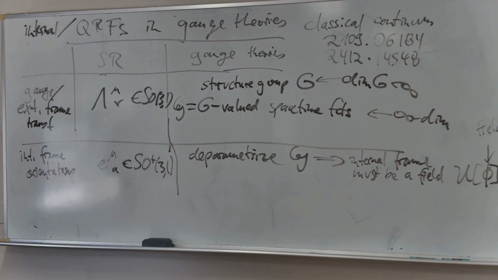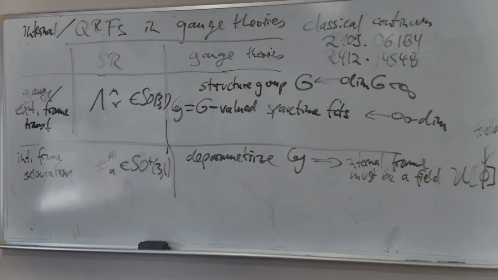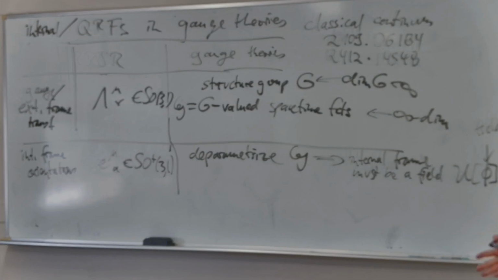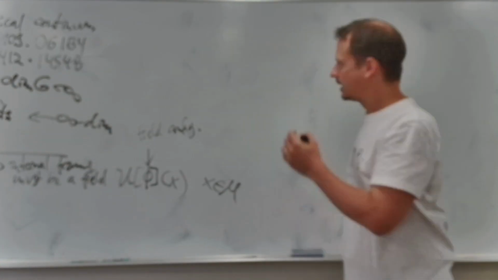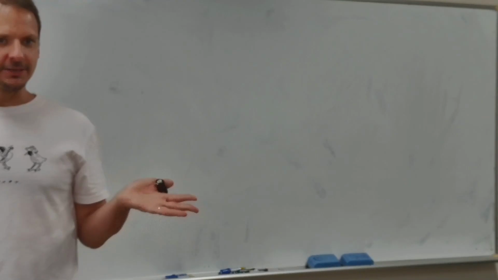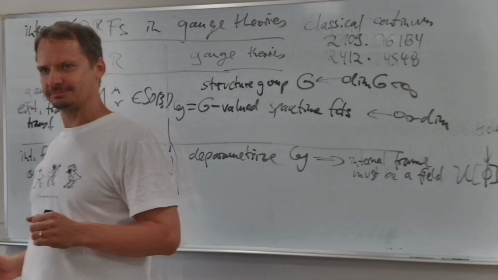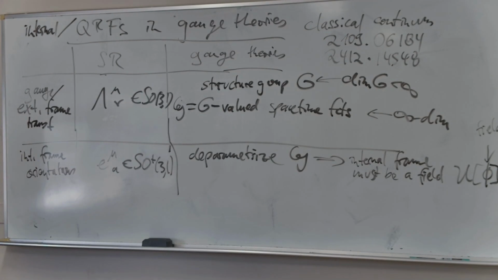And now we want to use this reference frame to deparameterize these gauge transformations. There will be many different ways in which we can do this. But for gravity, I will just give you basically what the ideal reference frames are.